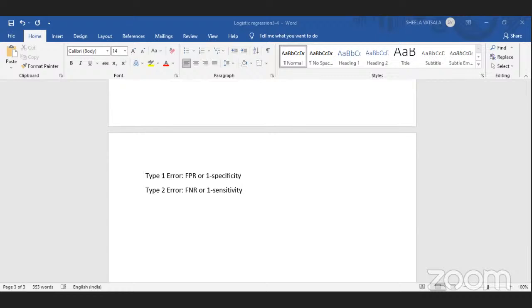Right. What is F measure here? What do you understand by F measure?